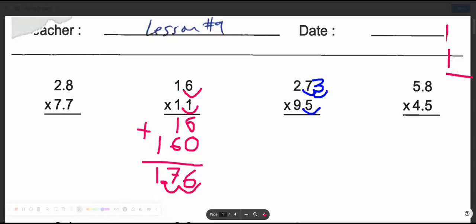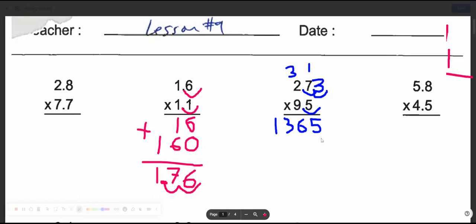So, 5 times 3, 15. Carry the 1. 5 times 7, 35 plus 1 is 36. Carry the 3. 5 times 2 is 10 plus 3, 13. Cool.